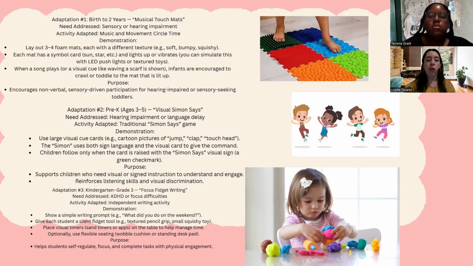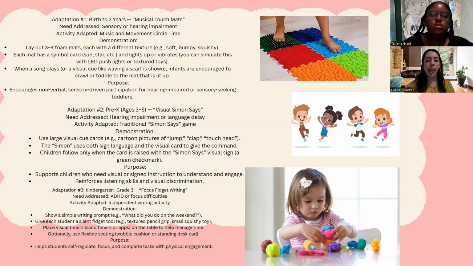Lay out 3 floor mats, each with a different texture: soft, bumpy, and squishy. Each mat has a symbol card, sun, star, etc., and lights up or vibrates. You can simulate this with LED push lights or even textured toys.